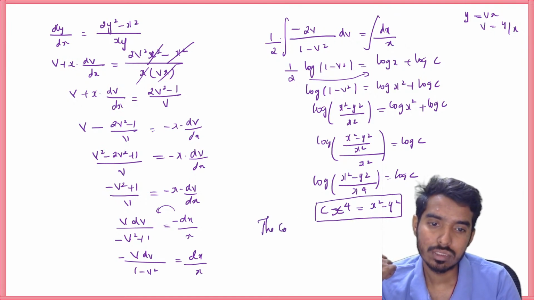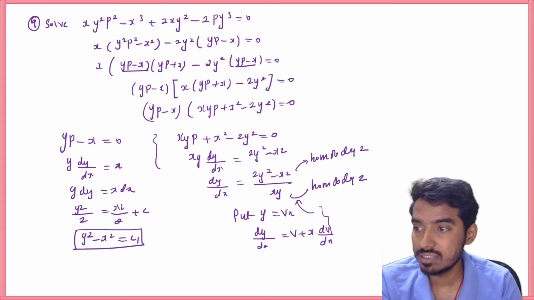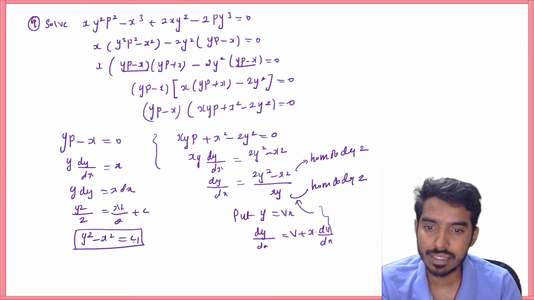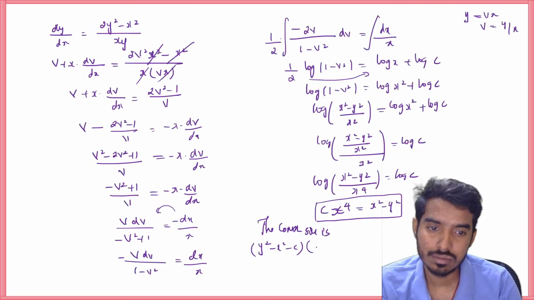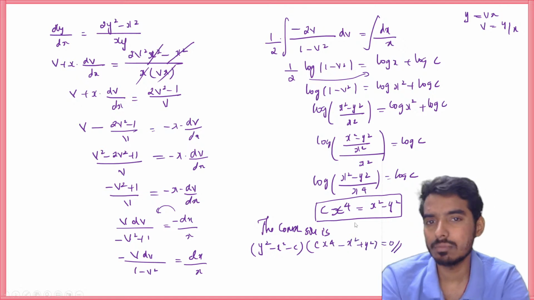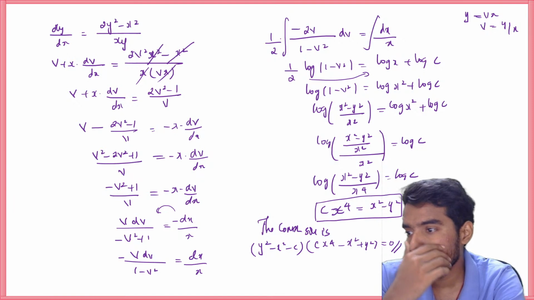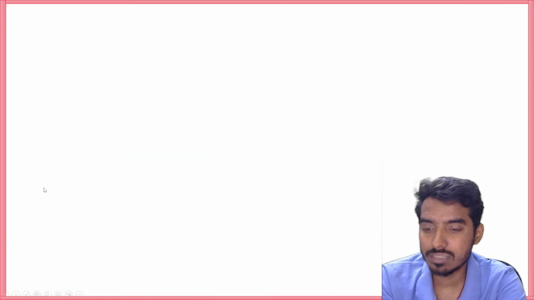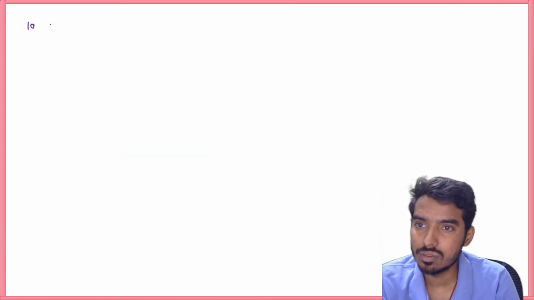Therefore, solution is just have to multiply this, right. Solution is minus x square y square minus x square is minus c, and this solution is x power 4 minus y square. Very simple problems only. Here equation solvable for y, right? On to the last problem.